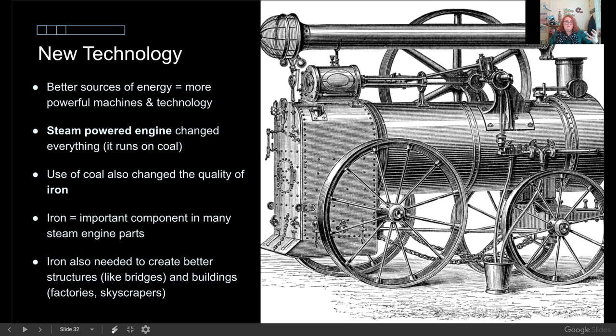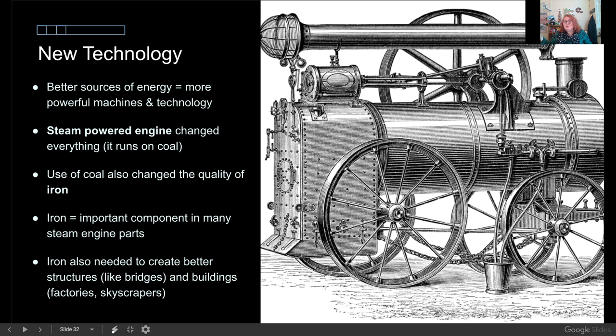The steam powered engine. And that is because they harnessed coal to heat the water that produced the steam. Oh my gosh, game changer. They also found out that coal could be refined and used in the production of iron. This is where you get coal ash and coke ovens.